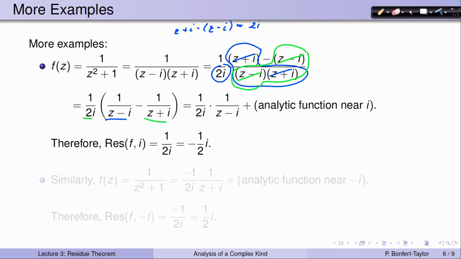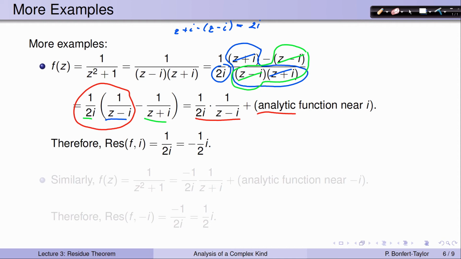So near i, I need to write this function in terms of powers of z minus i. I already have 1 over 2i times 1 over z minus i. The rest represents something that is analytic near i. I don't even have to bother finding the exact representation.